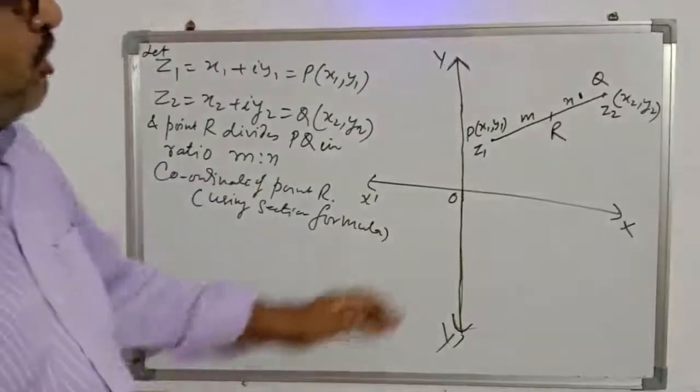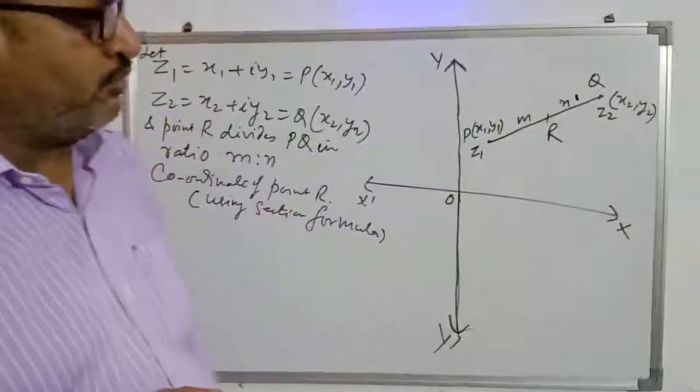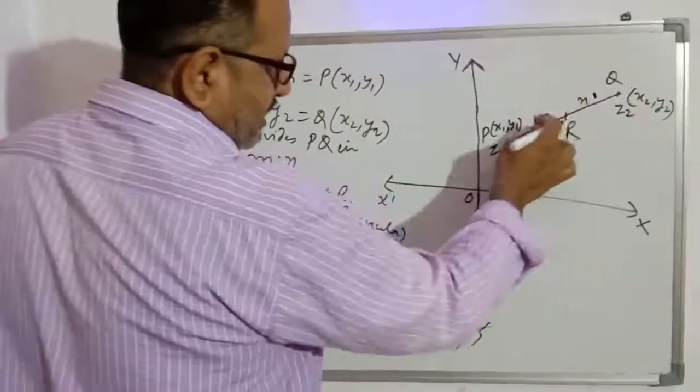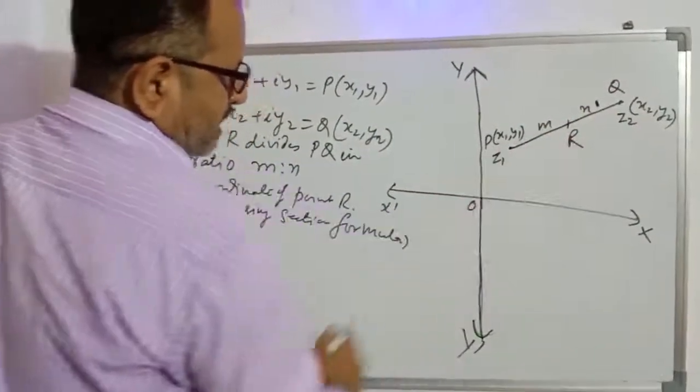In class 10th, you have studied the section formula. If a point divides a line segment in a given ratio, what will be the coordinates of that point?